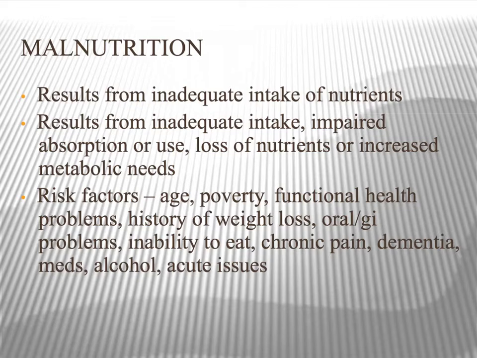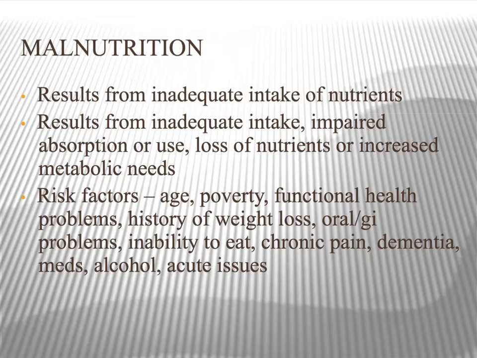When we get to page 890, it starts to talk about what we consider malnutrition, and it just reminds us that it's a deficit, an excess, or an imbalance of essential nutrients. And so it results from many things. One, inadequate intake of nutrients, but it can also result because we have impaired absorption or use.